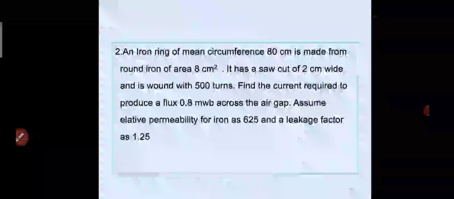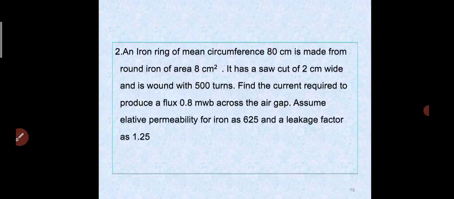An iron ring of mean circumference 80 centimeters is made from round iron of area 8 centimeter square. It has a saw cut of 2 centimeters wide and is wound with 500 turns.